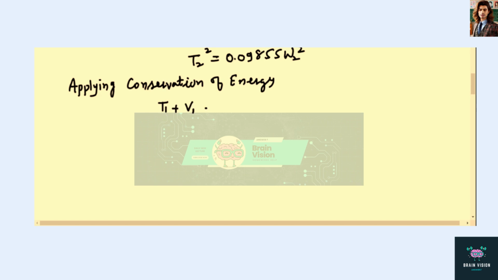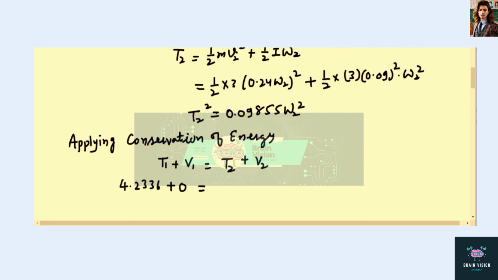Now applying conservation of energy from position 1 to 2. T1 plus V1 is equal to T2 plus V2. In first position, kinetic energy is T1, potential energy is 0. T2 is 0.09855 omega 2 squared plus potential energy.